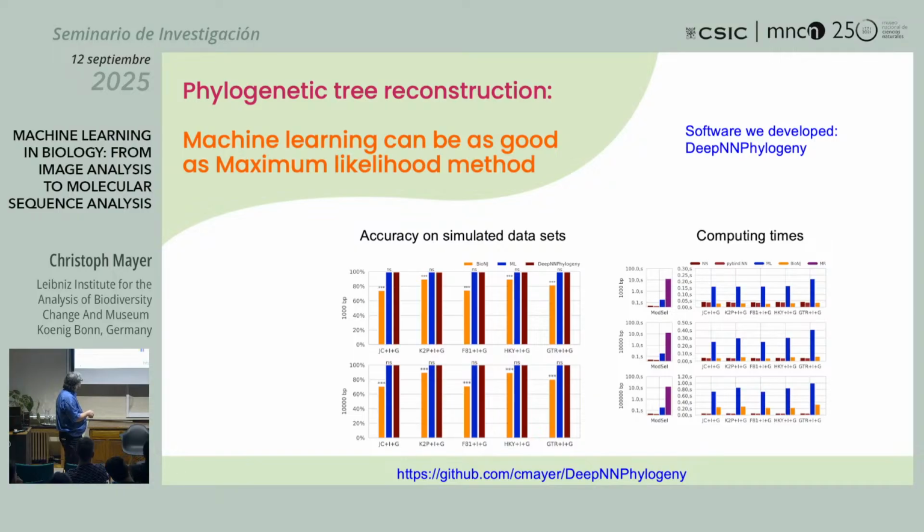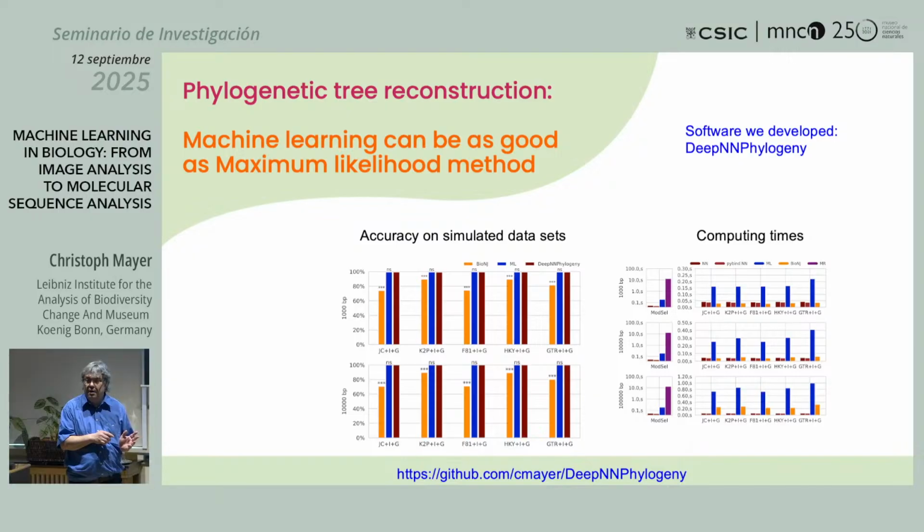So the neural network is quite close or equally good to what we can do with maximum likelihood. The big advantage is that the computing times are much shorter than likelihood. Likelihood is basically, there are mathematical proofs that we can't be better than maximum likelihood.